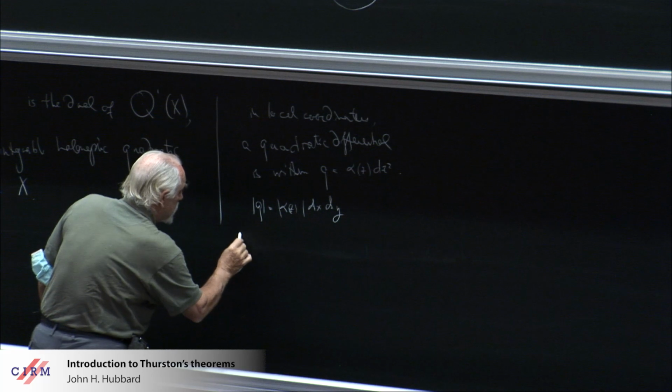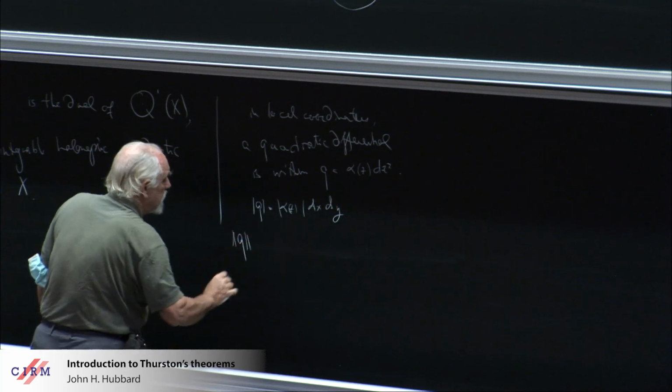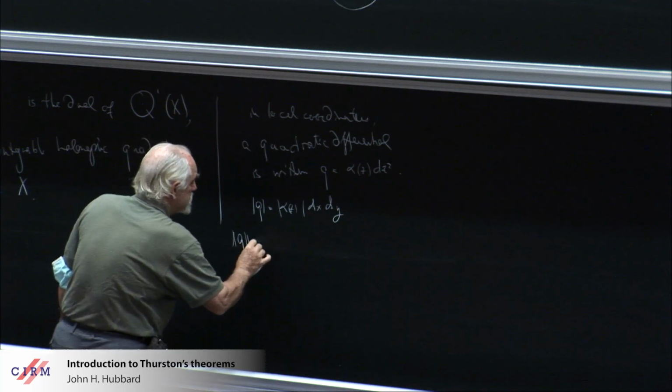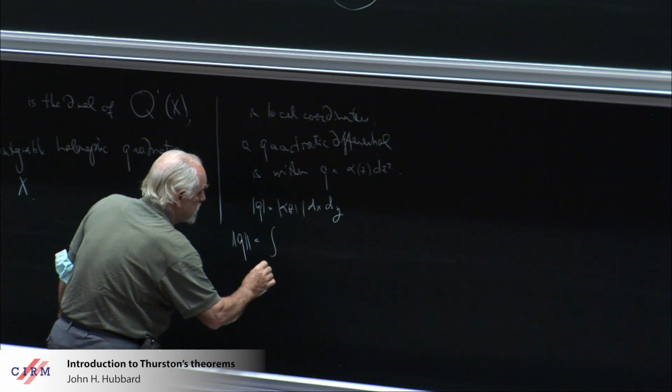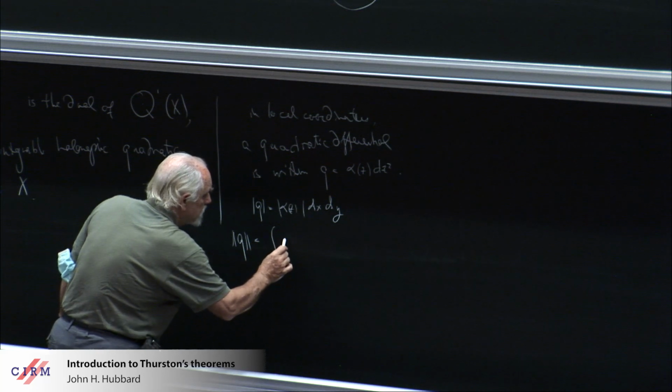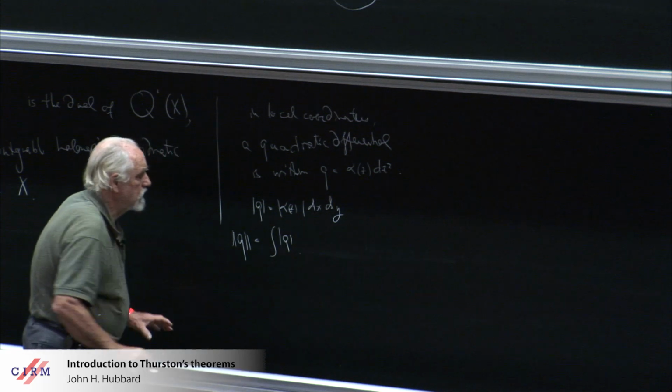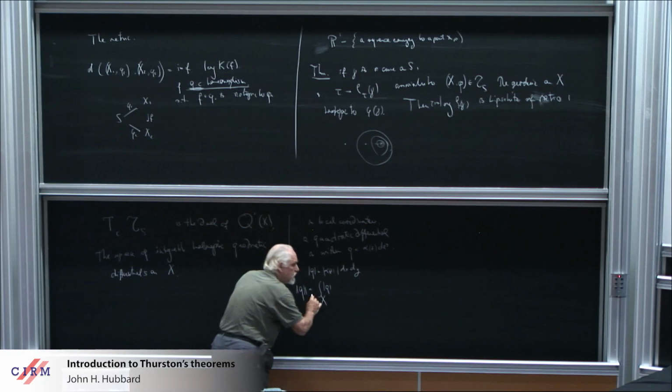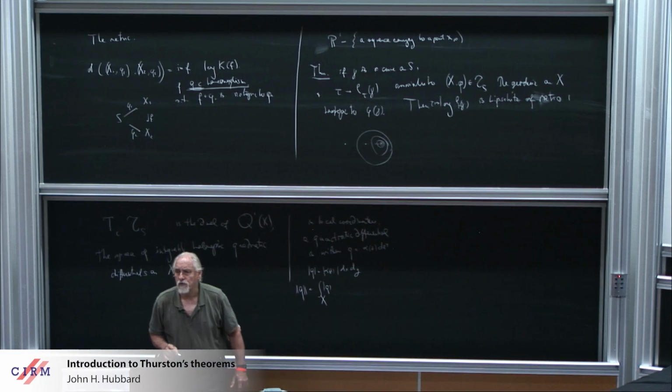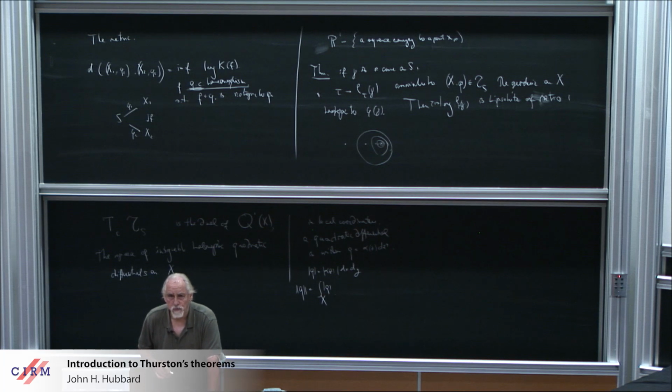And so the L1 norm of Q is equal to the integral over X of the norm of Q, the absolute value of Q, which is naturally a measure, which you should think of as the area. And so these are the quadratic differentials of finite area.